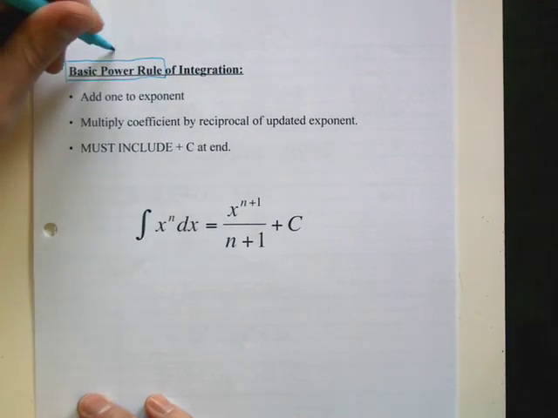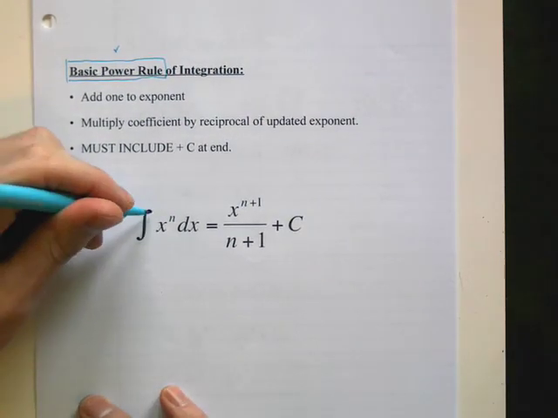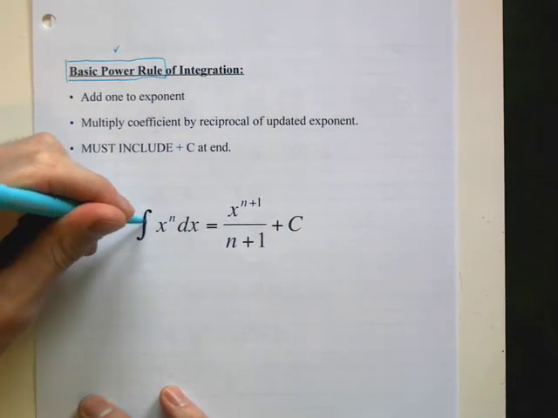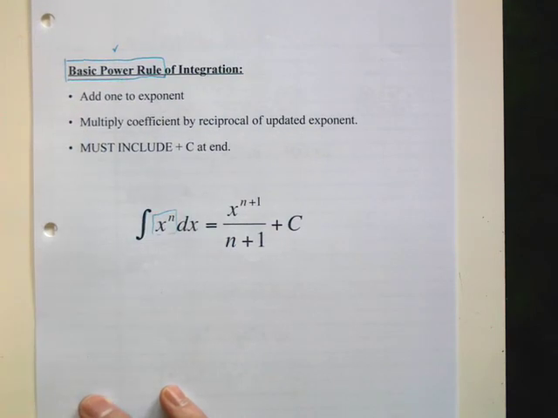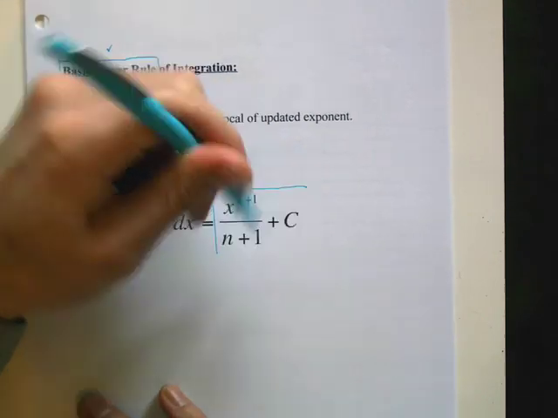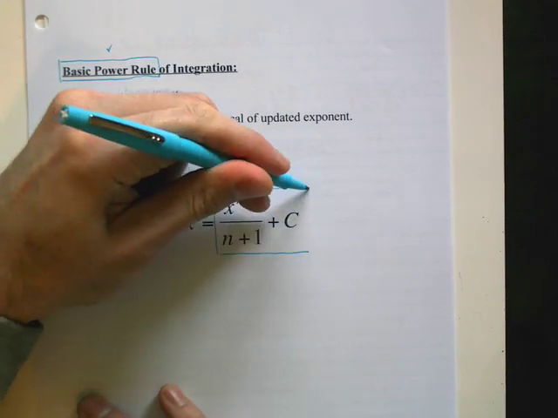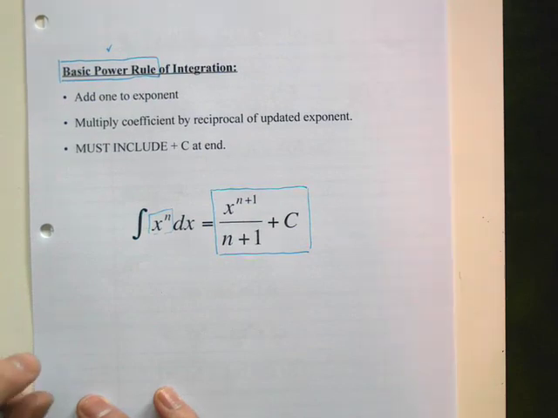And the rule we're going to talk about this week is the basic power rule, okay? So this tells you that if you're taking the integral or the antiderivative of x to the n, the way to get to your answer is going to be using this formula, okay? And we're going to use that on our next few examples.